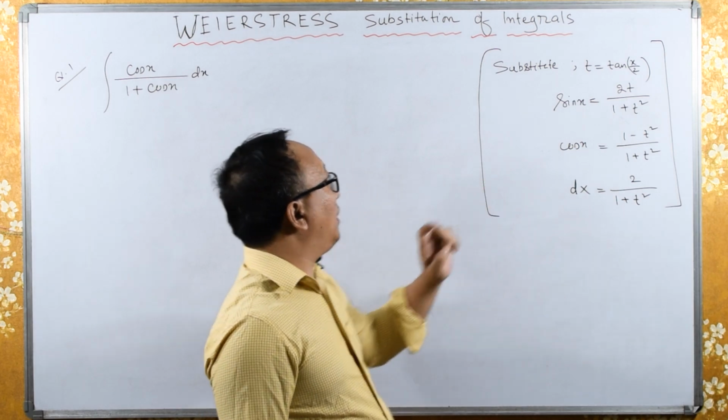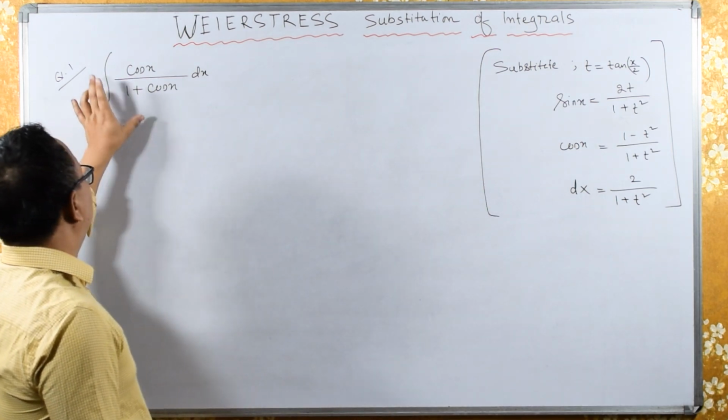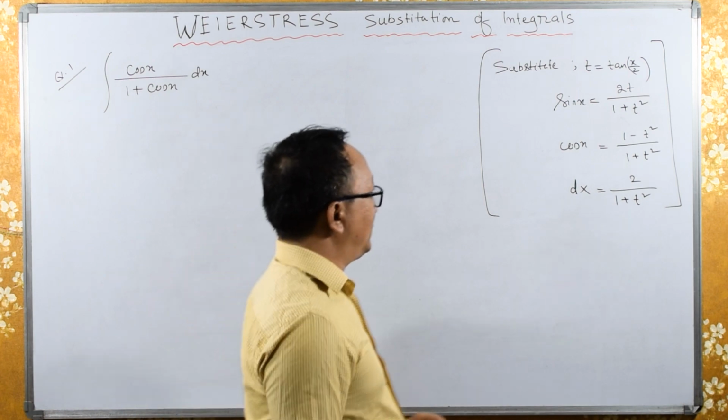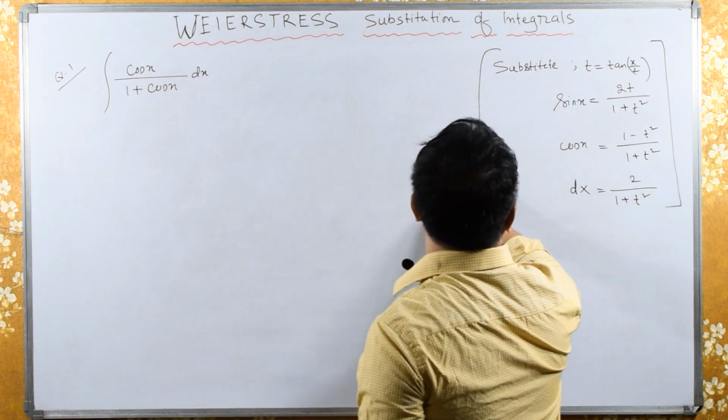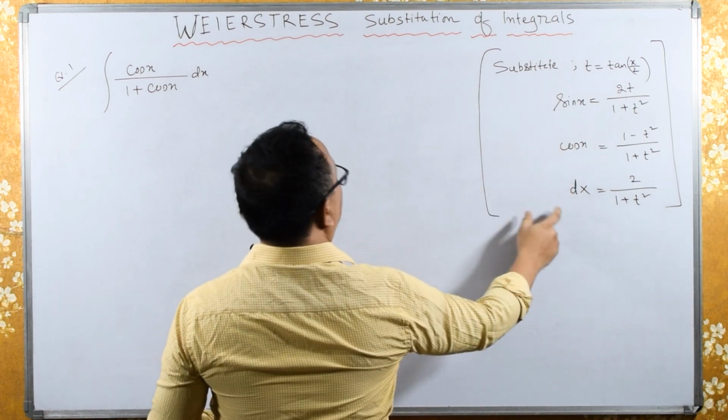Now this is a question. Integral of cos x upon 1 plus cos x dx. Here we have only cos x, so we have to use cos x and dx.